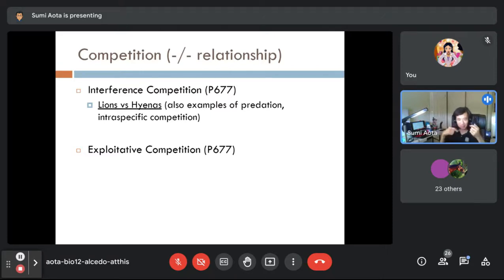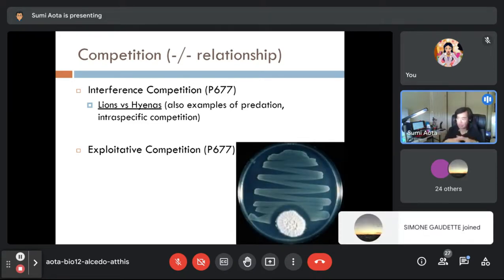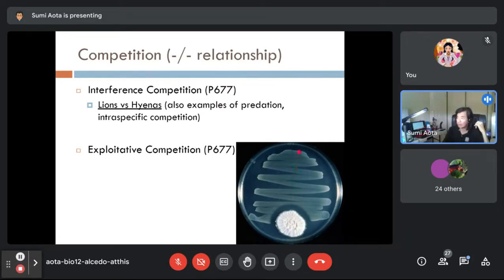Since you've ingested it, the dog can no longer get it. You've competed with him and exploited that resource. This petri dish shows the exact same thing. You've got fungi competing against bacteria. The fungi has used up this resource, and therefore the bacteria can't use it.